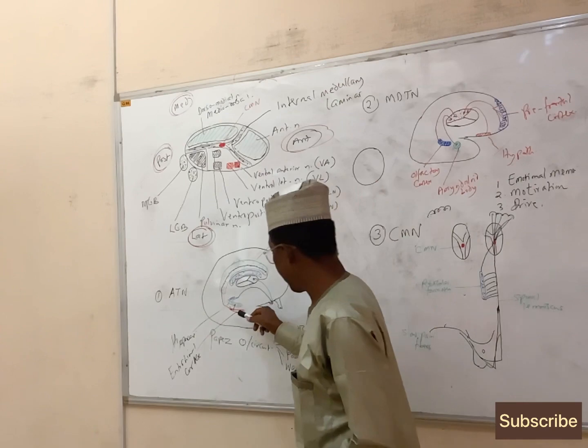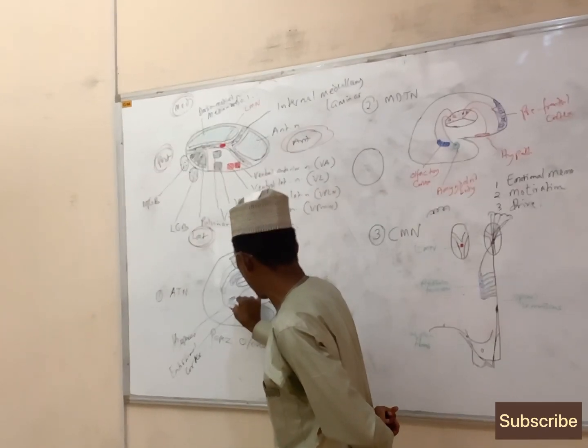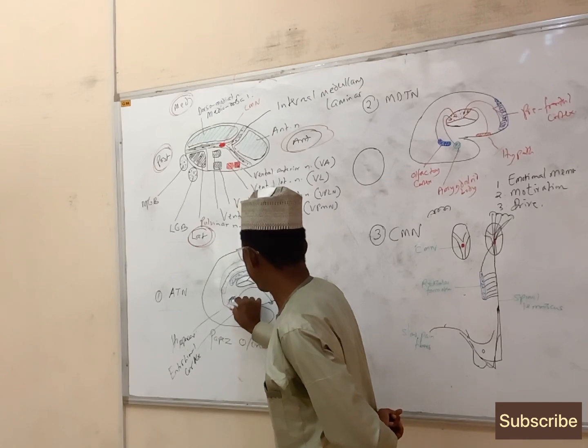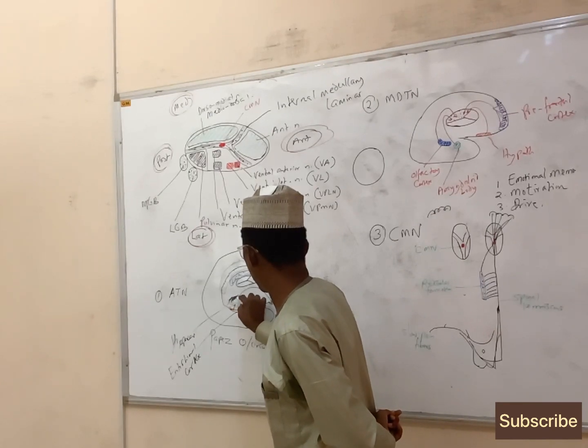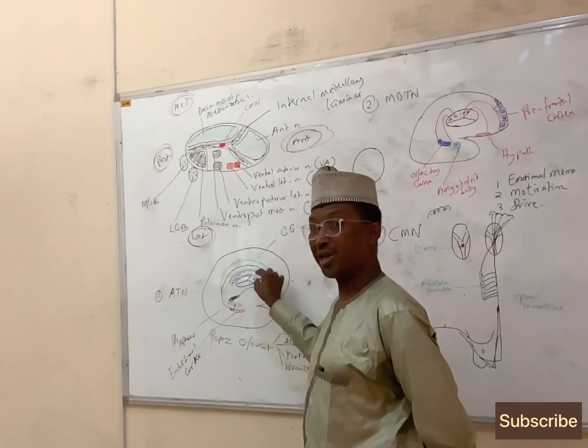The fornix begins with fibers from the hippocampus. They take origin from the hippocampus and arc just below the thalamus.